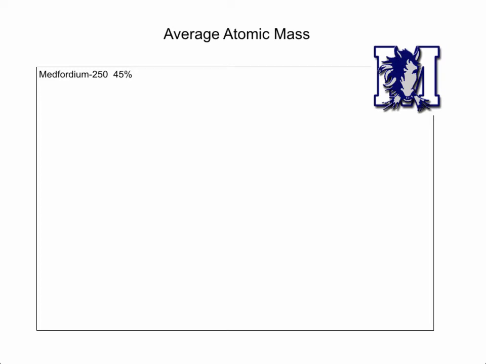I also discover another isotope of medfordium, and this isotope has a mass number of 254. The percent abundance of this isotope is 25%.